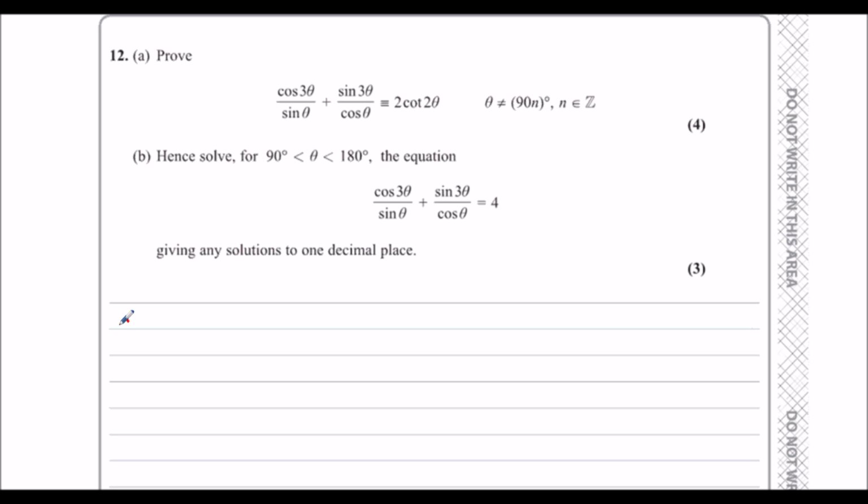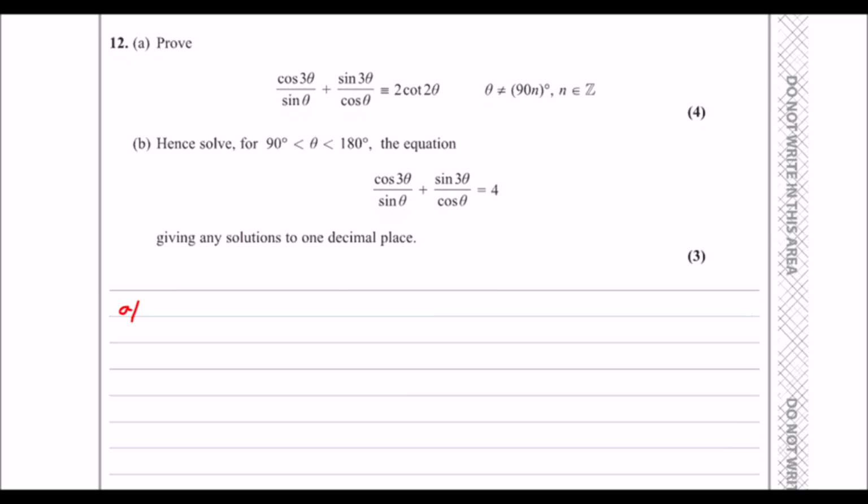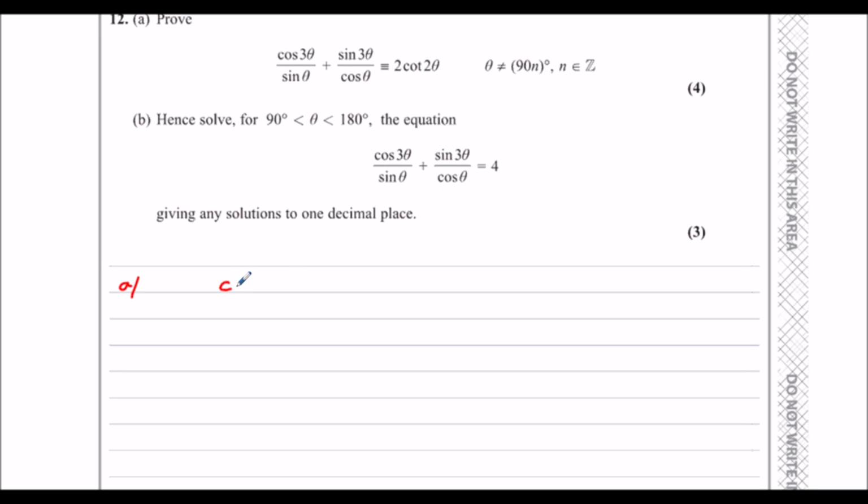There'll be more than one way of doing it, but we're just going to rearrange until we get 2 cot 2 theta.